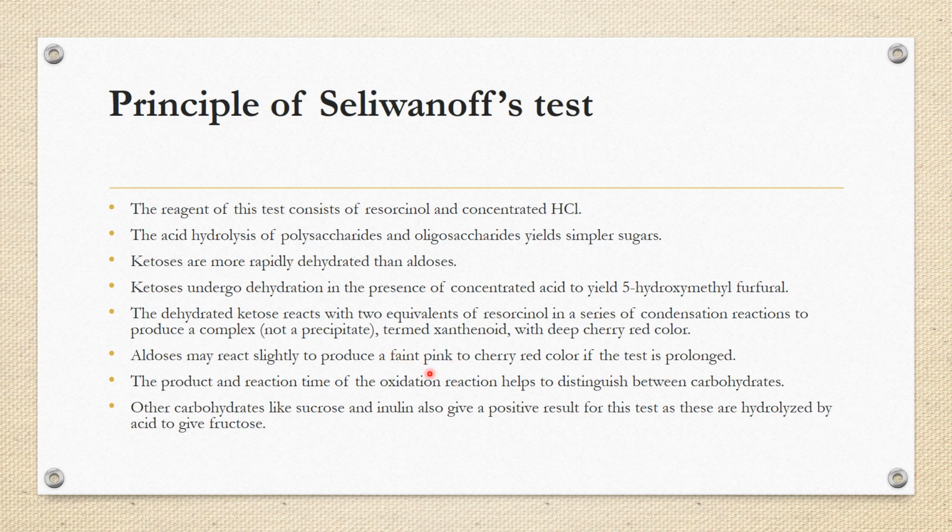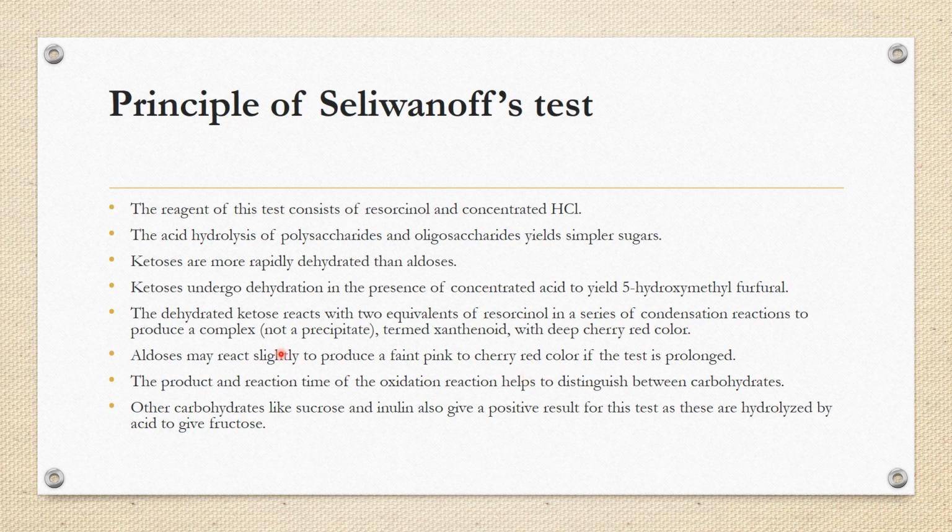But if this happens, you can make sure it's aldoses, not ketoses, because ketoses do not take a prolonged time, as they are dehydrated more rapidly than aldoses. So the aldoses react slightly to produce the faint pink to cherry red color if the test is prolonged.